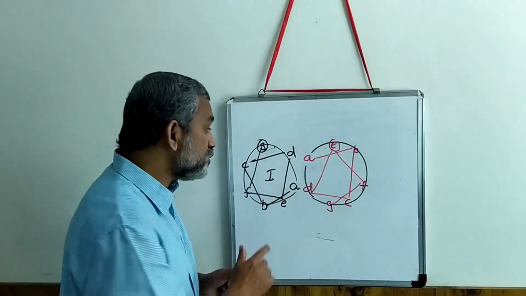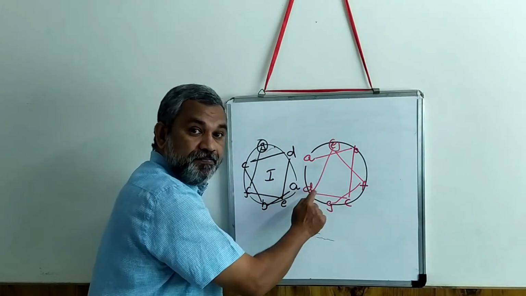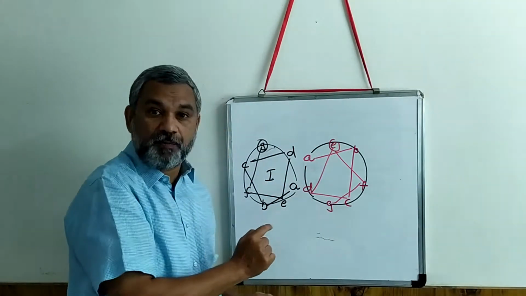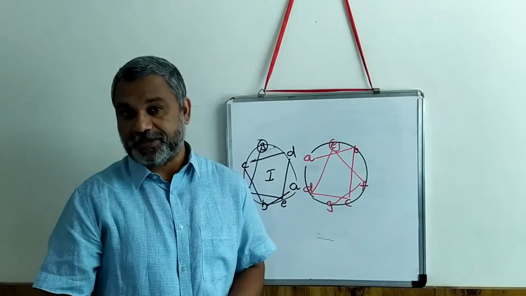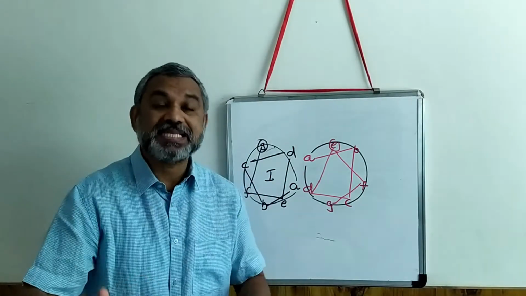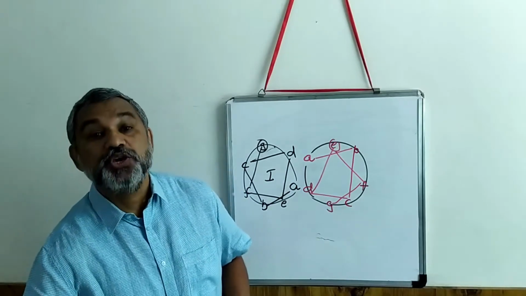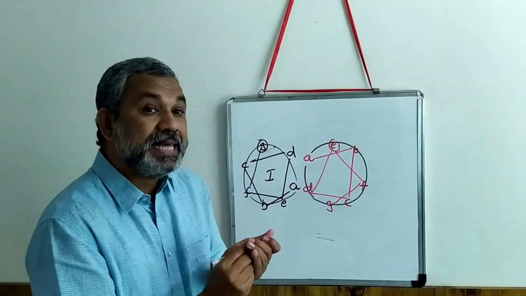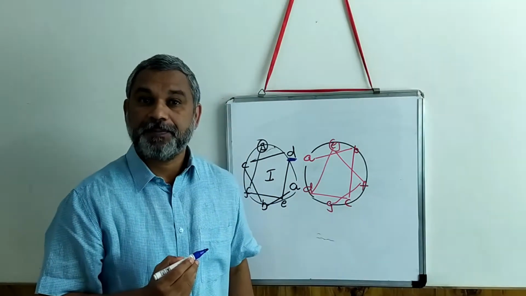What is important for us to remember? This region is going to be hydrophobic, and this side will be hydrophilic. What is the kind of association that is established? You will see that residue number D is very significant.